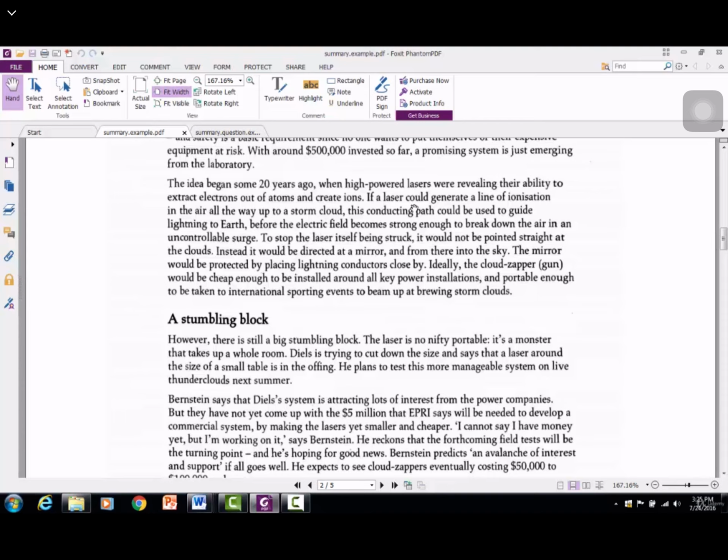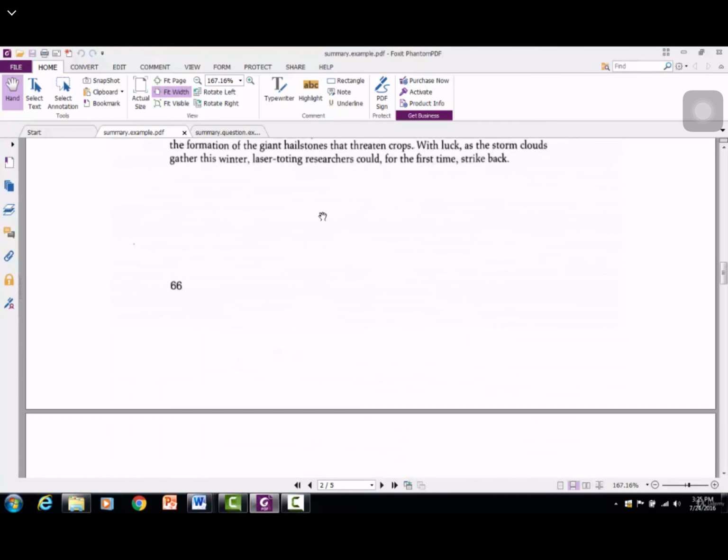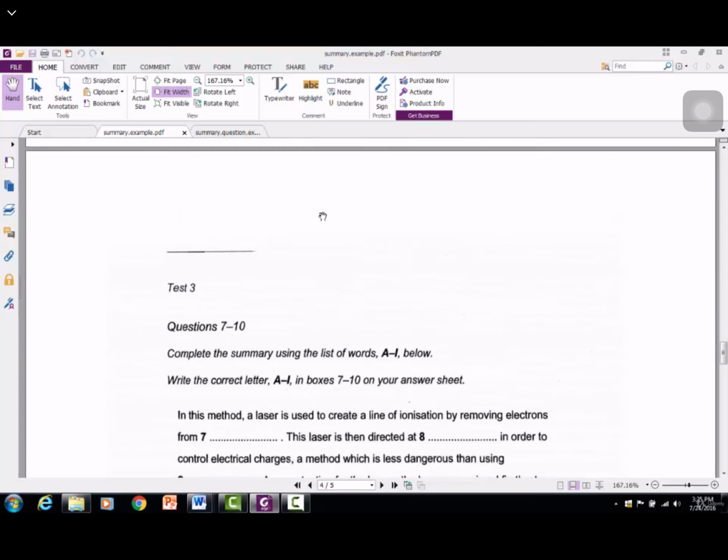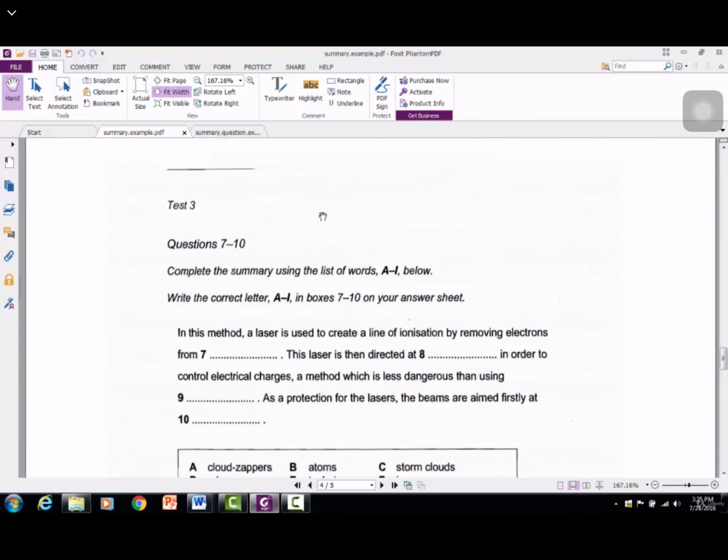Right, so if a laser could generate a line, here it is right here. A line, that means direction. A line of ionization in the air all the way up to a storm cloud. So our correct answer for this one would be C, storm cloud, because a line is the same as saying directed at. All right, that's what that means. So the answer for number 8 would be C, storm clouds.